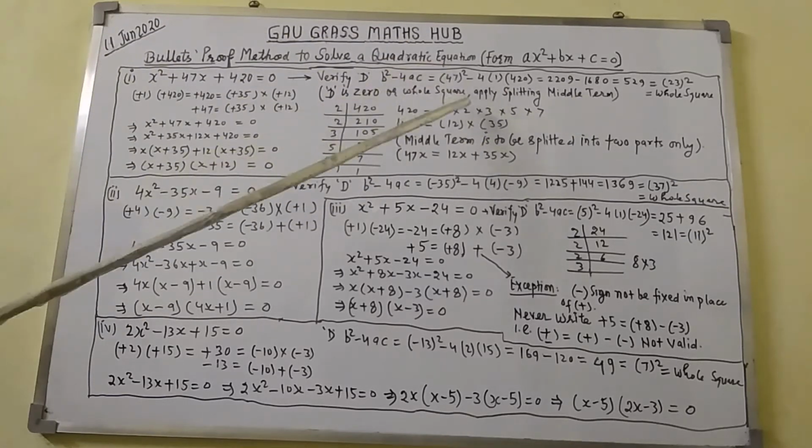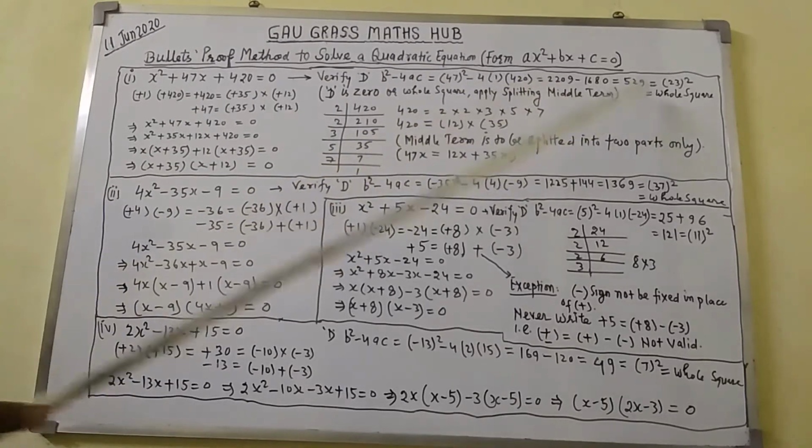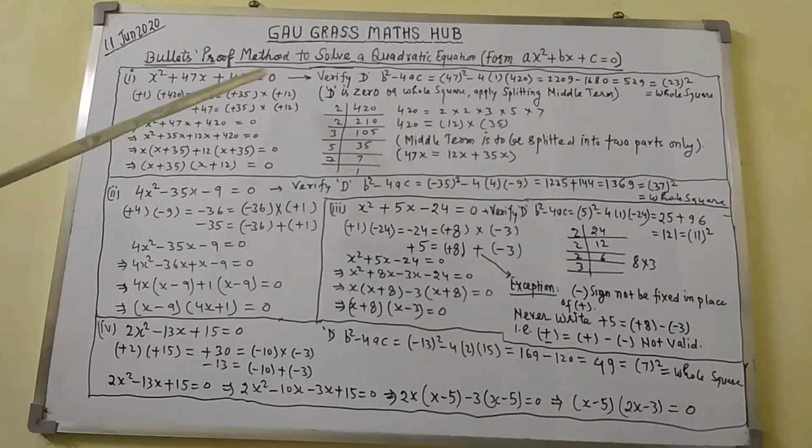In this case the value of determinant is a whole square. Then you can see the middle term is this one, plus 47. That 47 will be split into two parts. Now what to do here?